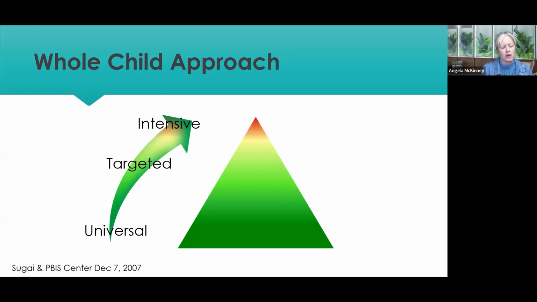Like I mentioned before, one of the shifts in thinking is to really having that whole child approach. And that's really important as we develop supports and interventions for students.